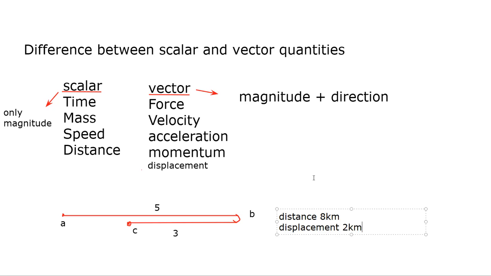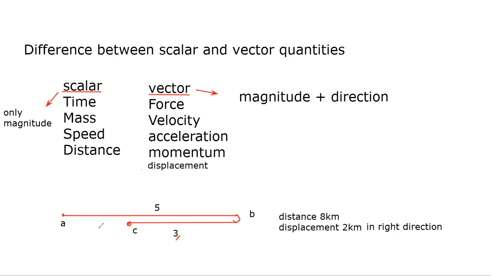What does that mean? 2 kilometers in the right direction. It means that for distance, as the direction was not important, he went in the right direction first and covered a distance of 5 kilometers, and then he came back and covered a distance of 3 kilometers more in the left direction.